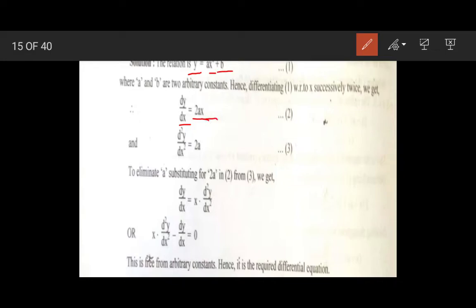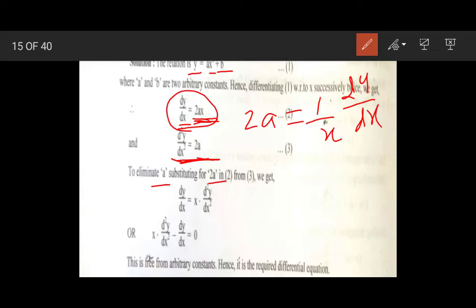So the derivative will be 2ax. Then again we will differentiate this with respect to x. So we get derivative of dy upon dx as d2y upon dx square, and derivative of 2ax is 2a, constant, derivative of x is 1. So this is the second order derivative.